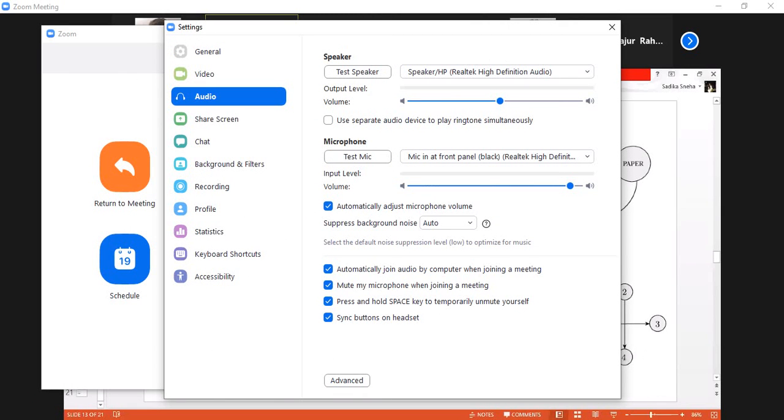So is there a path between 1 and 3? Yes, ma'am. Directed path. So 1 to 5, 5 to 6, 6 to 3. So there is a path between 1 and 3. So in this graph you can easily see that there is a path between each one of the nodes.